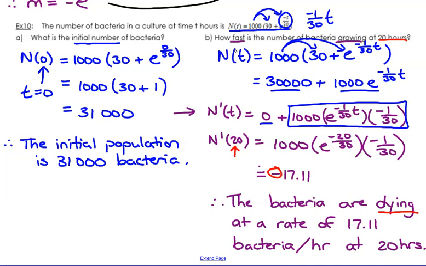The growth rate is decreasing. So the bacteria growth rate is actually decreasing at a rate of 17 positive. I'm going to write 17.11 bacteria per hour. Instead of adding in the negative here, I would not do that and put the word dying instead, or decreasing.